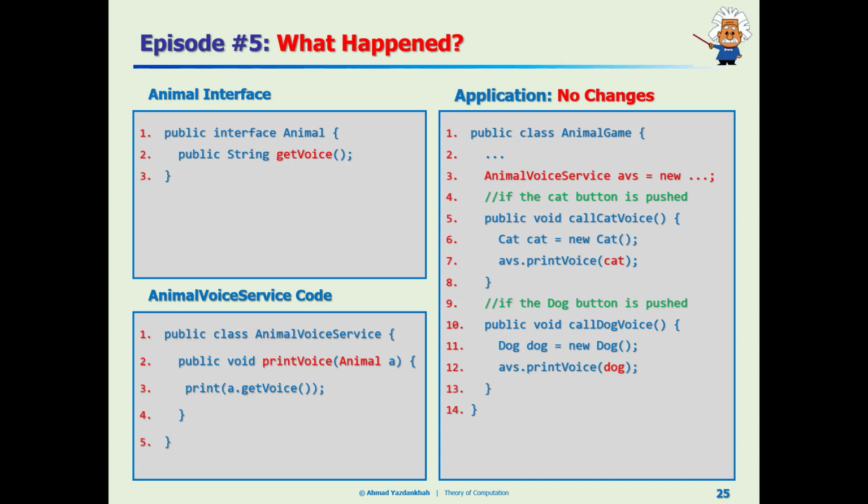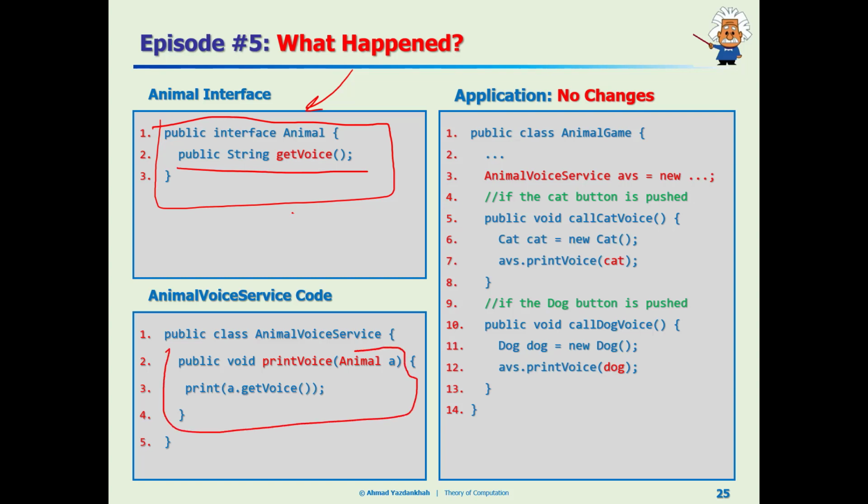So here are the other changes that we need to know about. The animal interface looks like this. It has one abstract method, get voice, and their code, as we said, is changed to this. So this method, from now on, has a dependency on the animal interface.